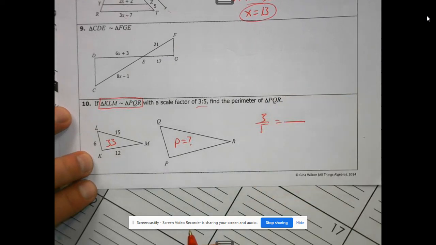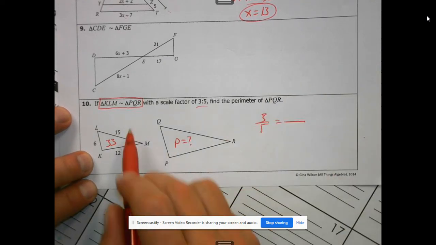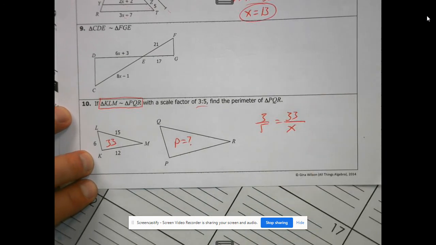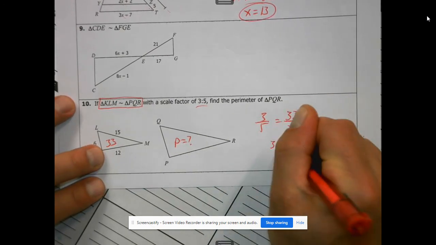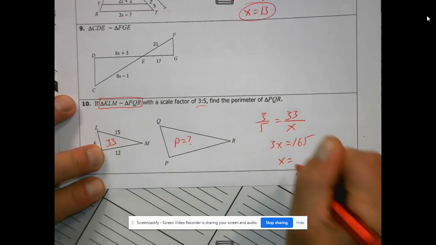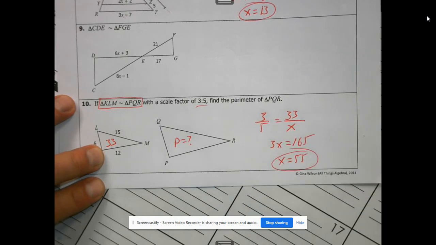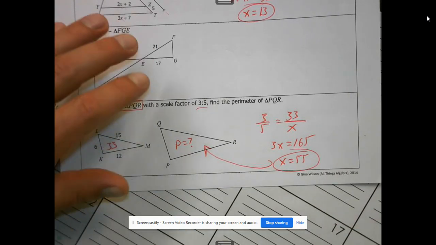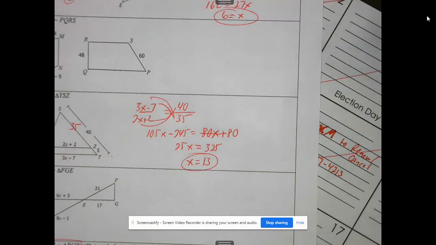Equal that to the ratio of the perimeters. So 3 to 5 equals 33 over the x. Cross multiply. 3x is 165. Divide that by 3. Your perimeter for triangle PQR is 55. That's it for similarity.